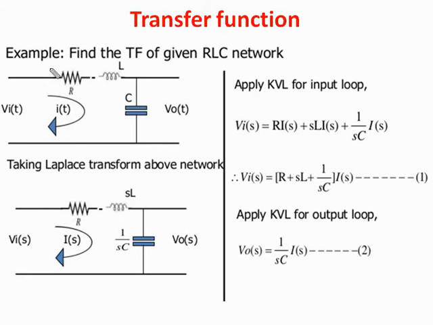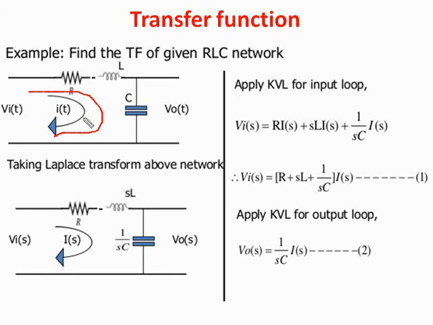Consider another example, an RLC network. Here R, L and C are connected in series, but the output is taken from the capacitance, with input Vi(t) and output Vo(t). By applying KVL for the input loop, Vi(t) equals R i(t) plus L di/dt plus 1/C integral of i(t) dt.